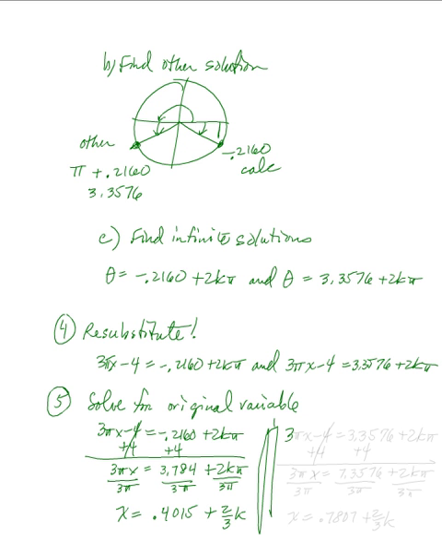Second generator, 3 pi x minus 4 equals 3.3576 plus 2k pi. You add 4. You get 3 pi x equals 7.3576 plus 2k pi. And now divide by 3 pi.